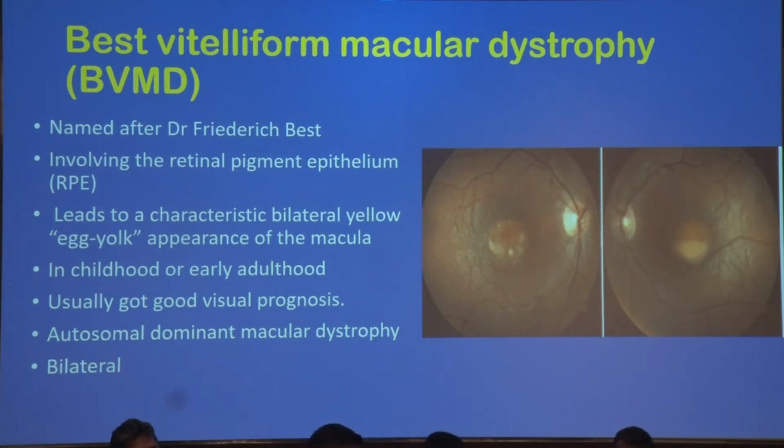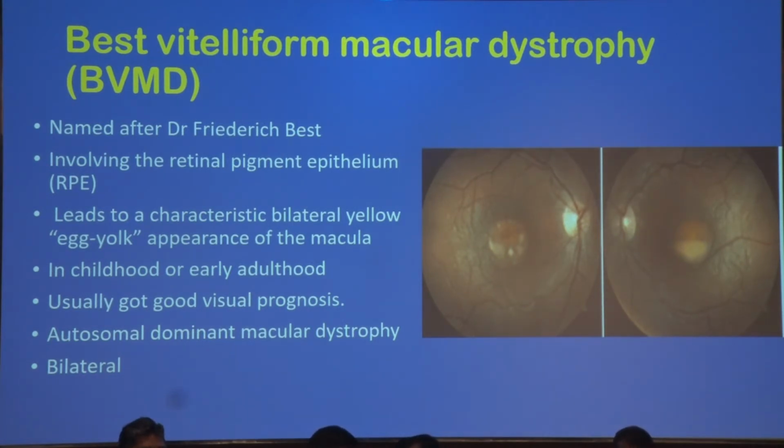It's very easy to say there is an egg yolk appearance on the macula and the patient has Best disease. But sometimes they can present in a later age group, as late as the sixth or seventh decade. That's when we might get confused with other diagnoses like CNVM.